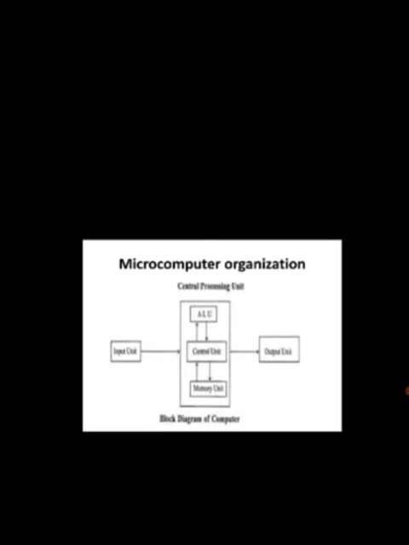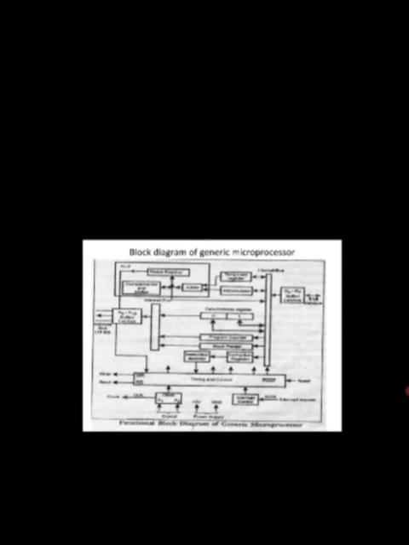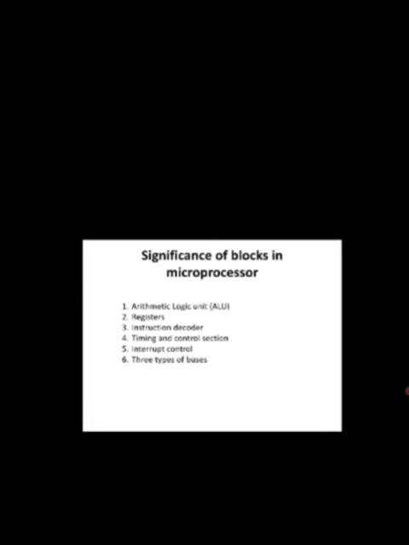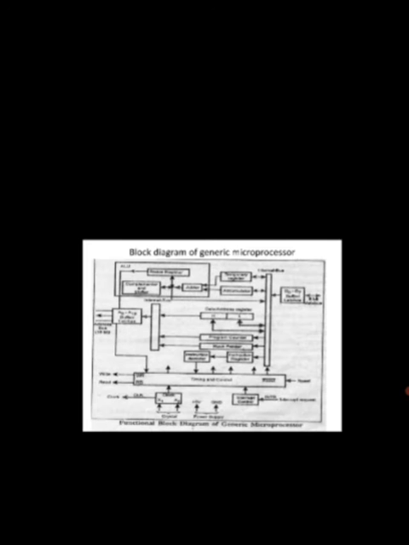So we have studied the block diagram of a computer and the significance of each block. Next is the block diagram of a generic microprocessor. In this diagram, you can see the ALU, arithmetic and logic unit, at the top left side.